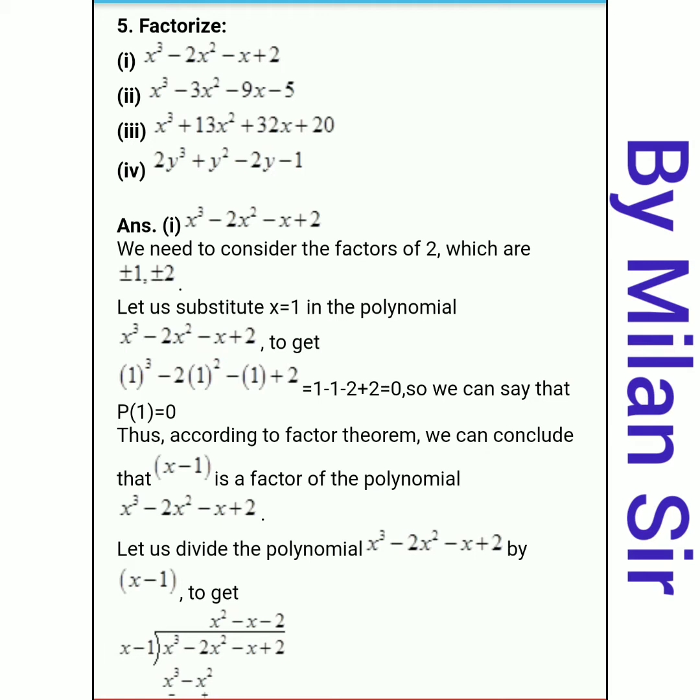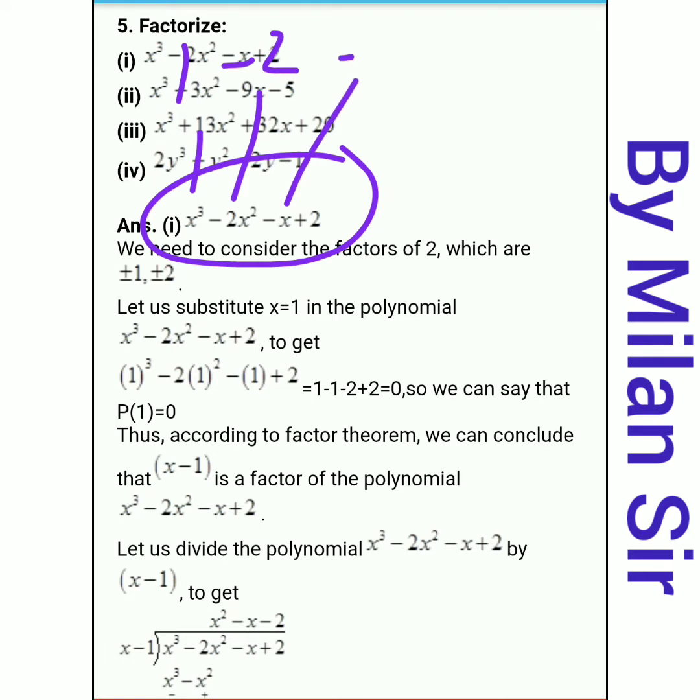So we need to check for x equal to minus 1 and for x equal to plus 1. We have one different method even. First of all, just find the coefficients. Here the coefficient of x cube is 1 because nothing is written. Here the coefficient is minus 2, here minus 1, and here plus 2.